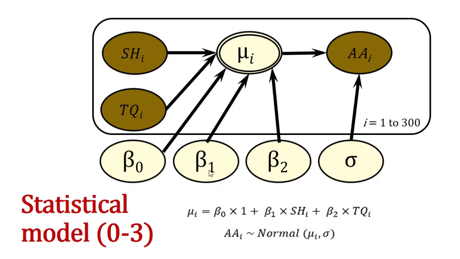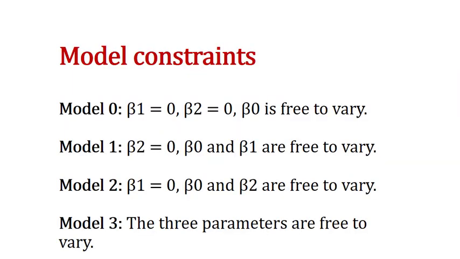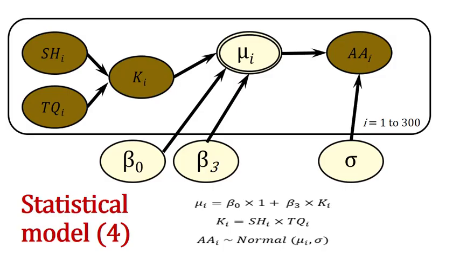Beta 1 is fixed to 0 and beta 2 is free to vary. So basically teaching quality is taken into account, but not study hours. And model 3, the three parameters are free to vary, so both variables are taken into account. Okay, so these are the models and the constraints, models 0 to 3.